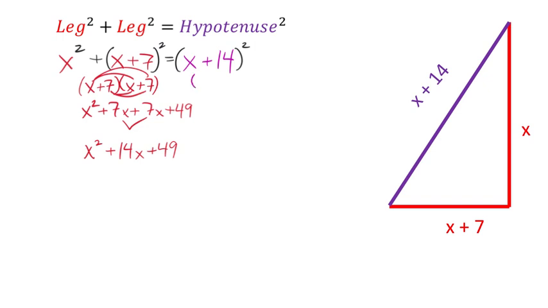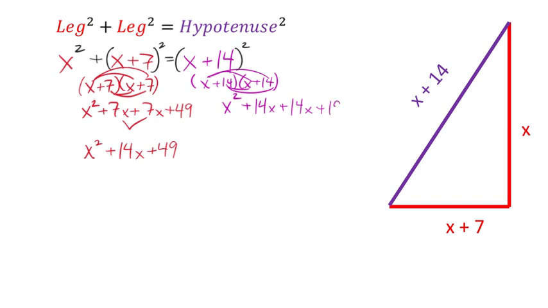Now let's look at the x plus 14 times x plus 14. Okay, so I got x times x, which is x squared. Then I got x times 14, which is 14x. Then I got 14 times x, which is 14x. And 14 times 14, which my calculator tells me is 196.